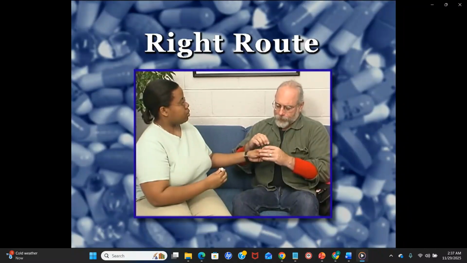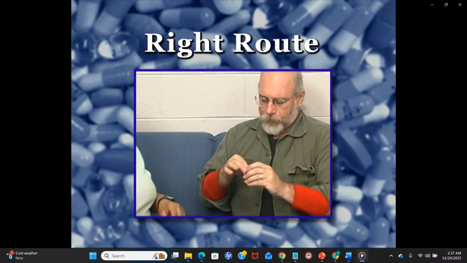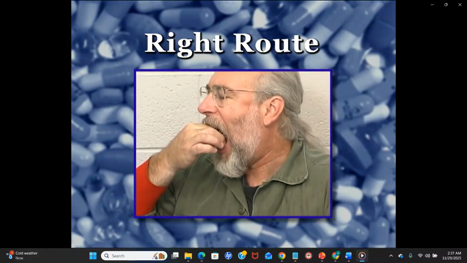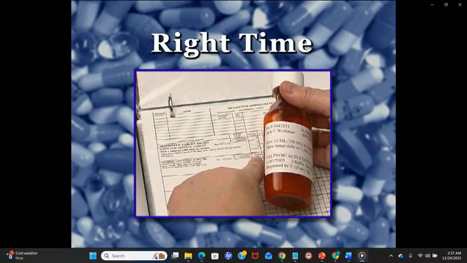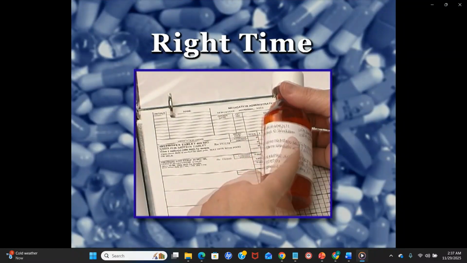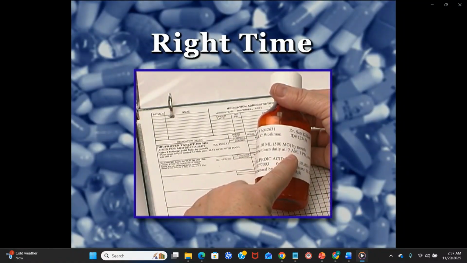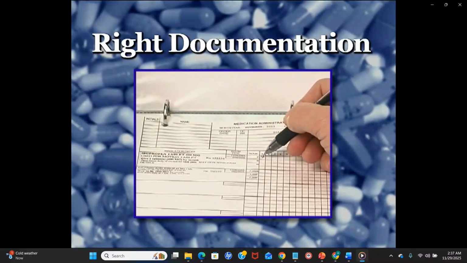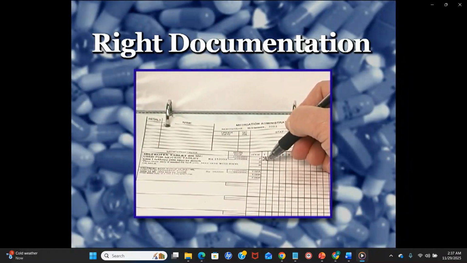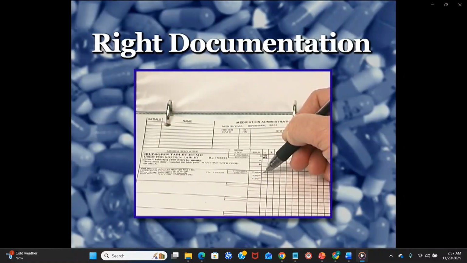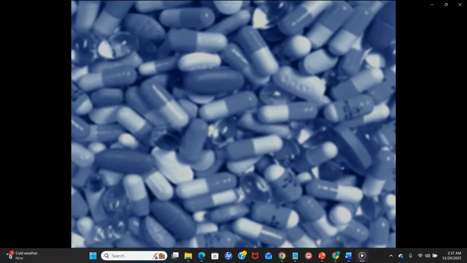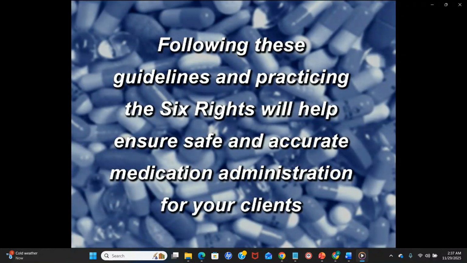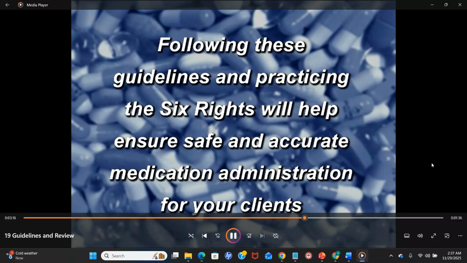Use the right route. Give the medication at the right time and provide the right documentation. Following these guidelines and practicing the 6 rights will help ensure safe and accurate medication administration for your client.